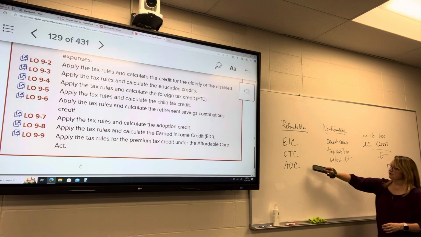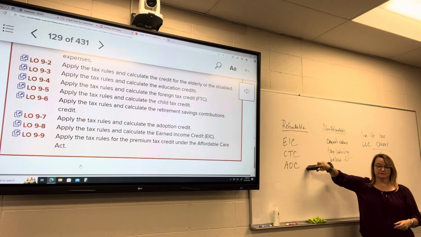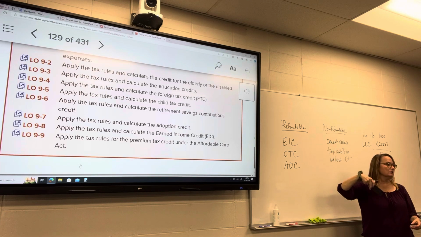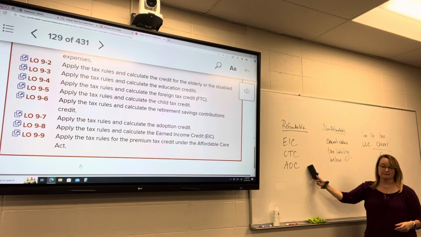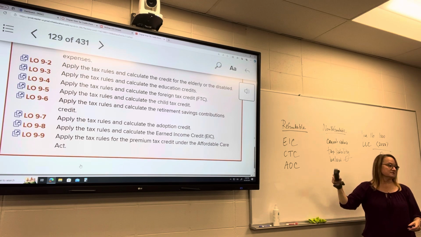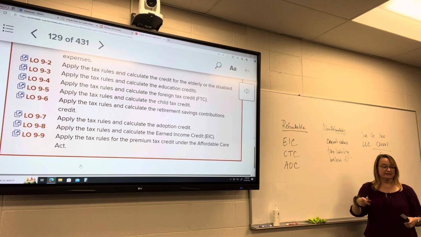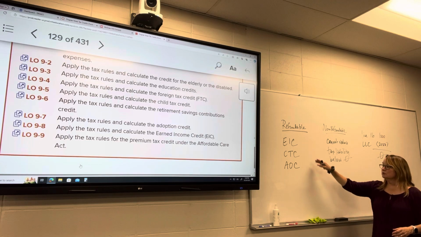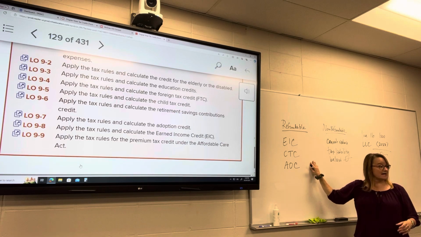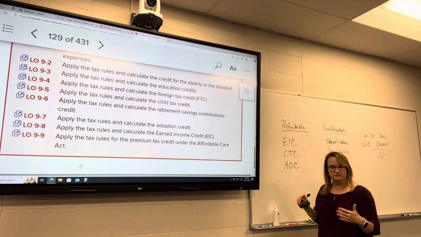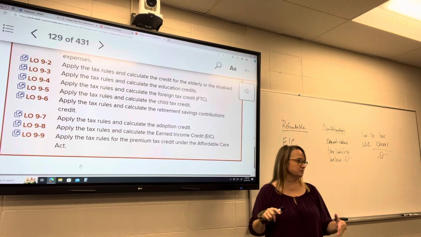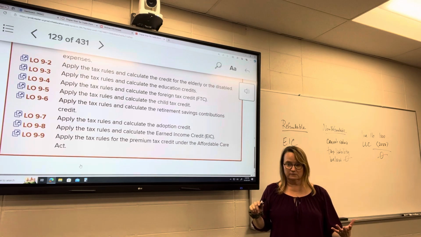These are extremely valuable. There's a lot of fraud that goes along with these, and so there are a lot of additional requirements that paid preparers have whenever they have a client that is claiming one of these credits. They have to take some additional steps. Otherwise, if the client takes one of these credits but is not entitled to it, and the preparer didn't practice due diligence, they can be subject to a fine for that.